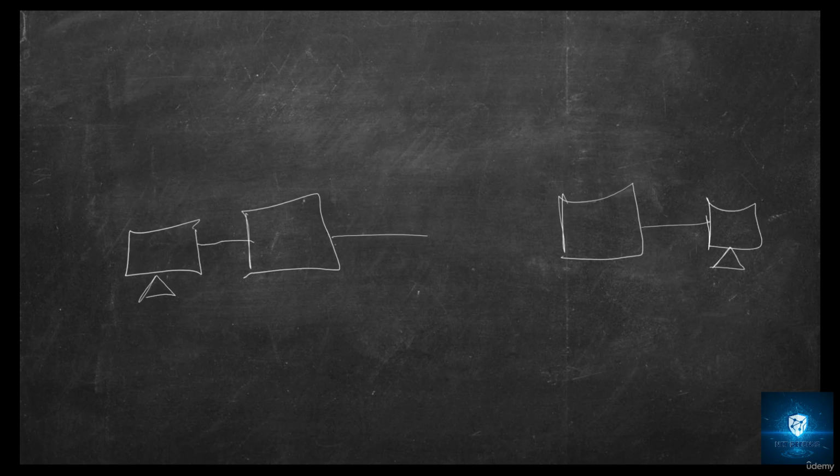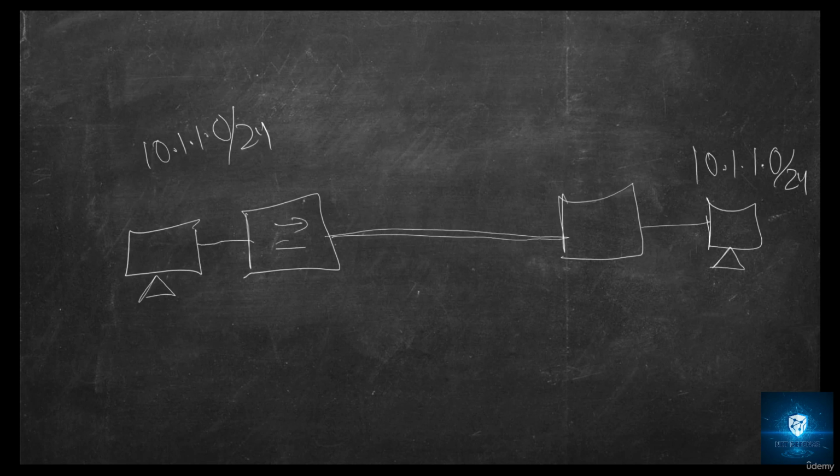Now these two are connected on the same network, 10.1.1.0/24, and this is also 10.1.1.0/24. Now the traffic is obviously not controlled here, and anybody on this network can reach anybody on this network. It's simple, through VLAN, through the switching concept.